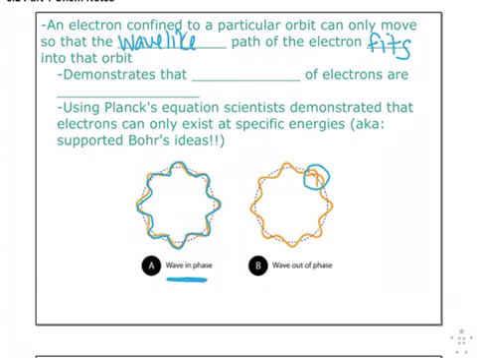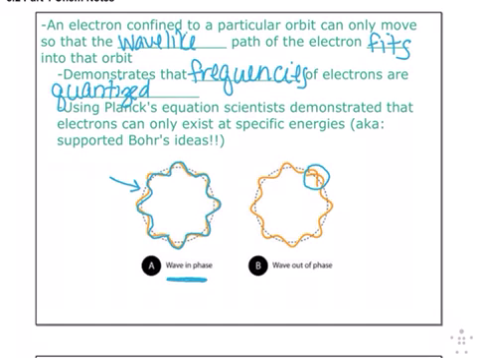So this demonstrates that if the electron is in phase, the frequencies of electrons are quantized. That means the amount of energy required to get the electron in phase is a set amount.